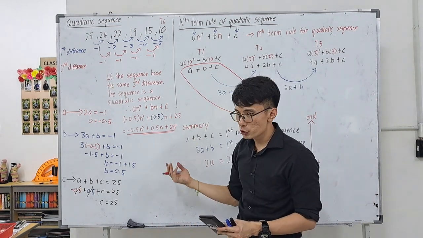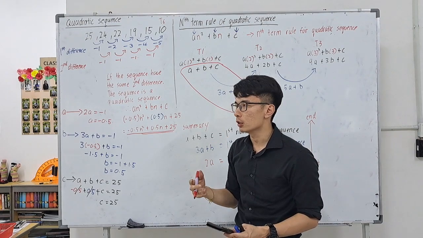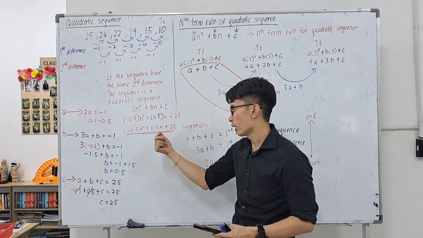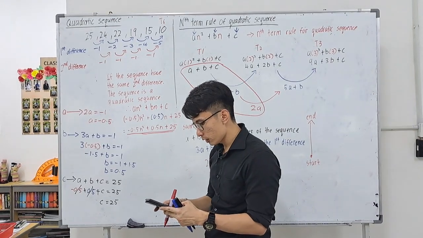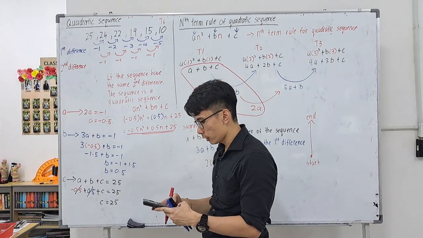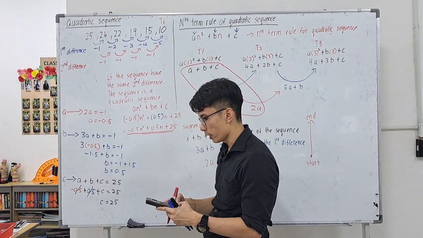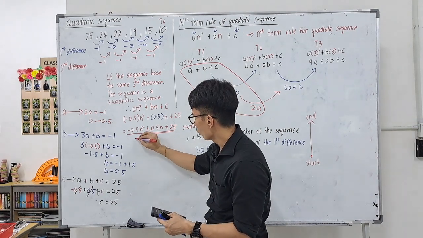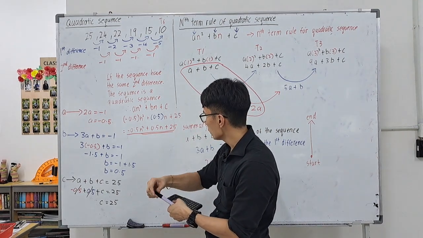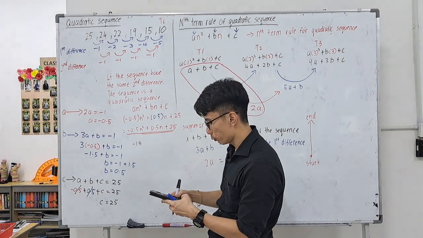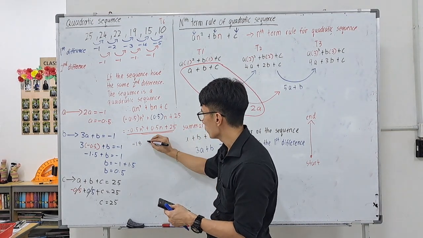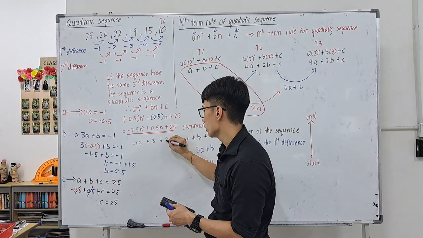I will strongly suggest this because it is a quick way to make sure that your answers are correct. So 6 squared is 36, okay? 36 multiplied by negative 0.5 should give me negative 18. And over here, I have 0.5 times 6, that should give me 3, and then plus 25.